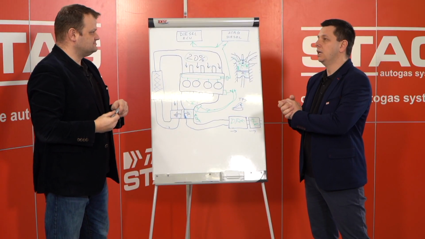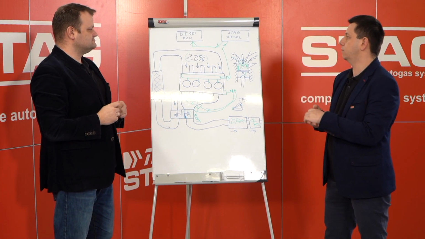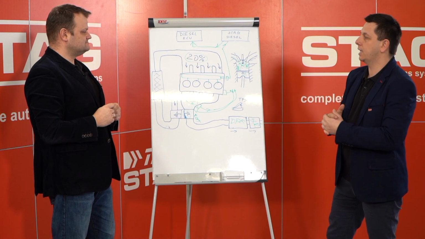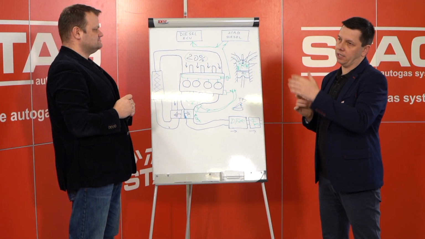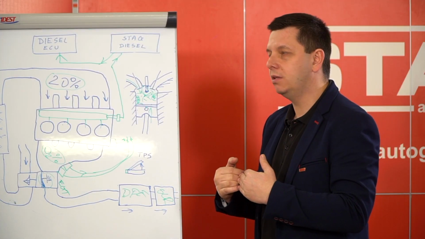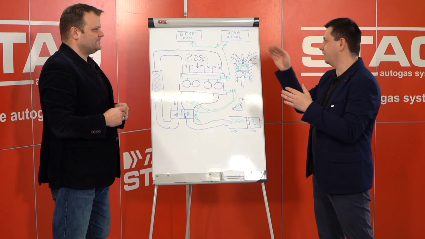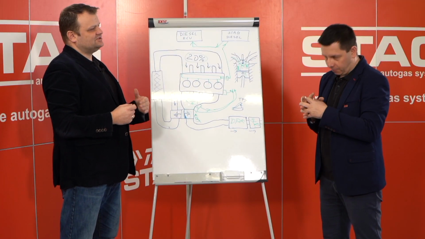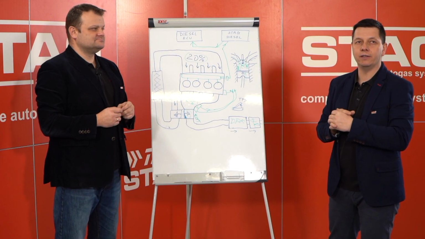The advantage of this type of connection for the final customer is that, using the STAG Diesel and the application, we can decrease the pressure. Not physically, but the action of emulation makes the diesel ECU reduce the pressure in the rail.